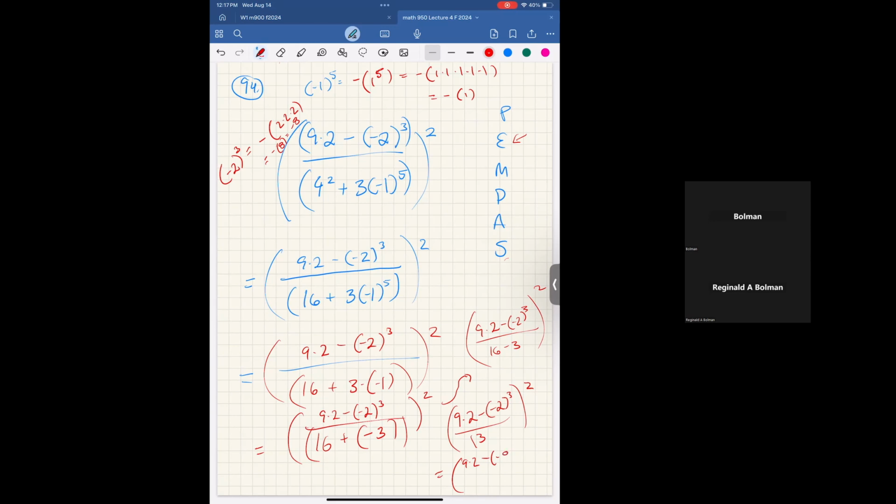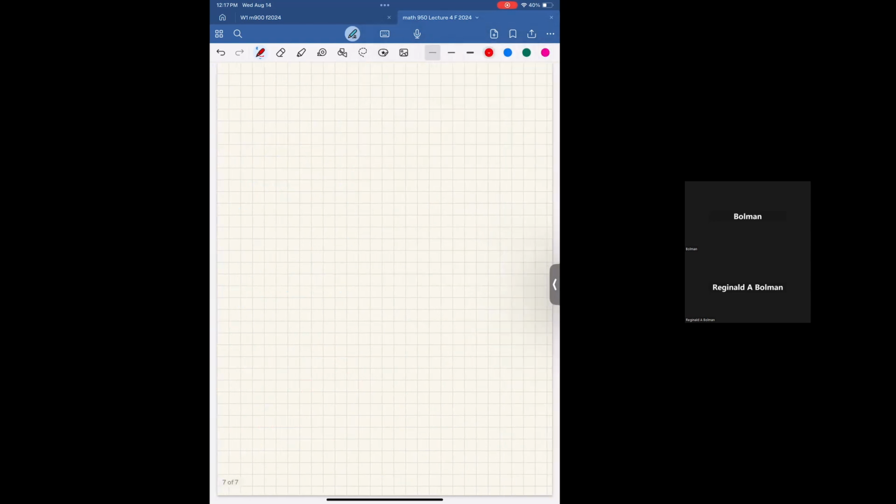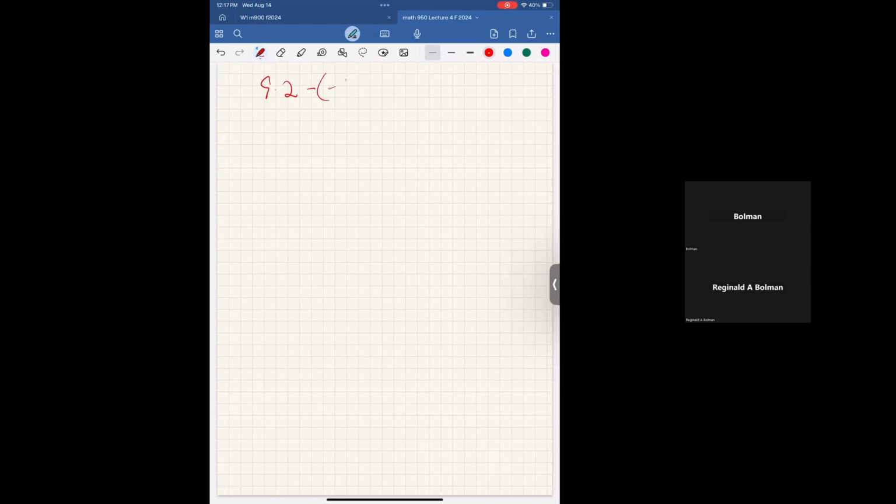Now, the tricky part is it is being subtracted from 9 times 2. Because it's being subtracted, we can flip that sign. We're going to do 9 times 2 plus 8.